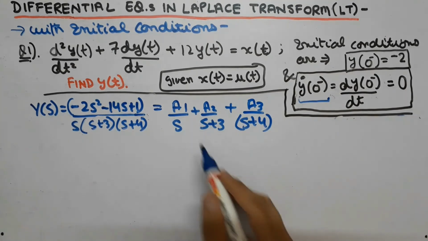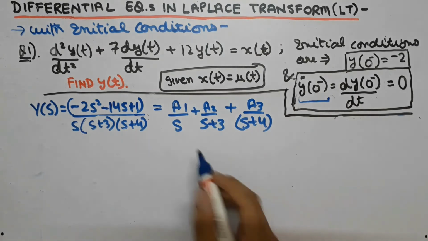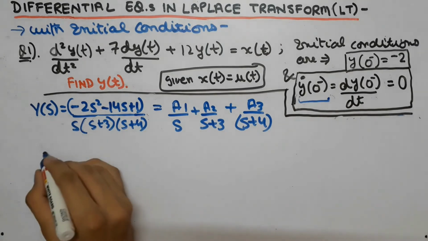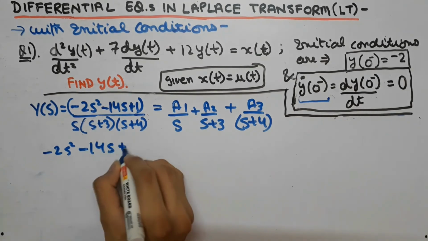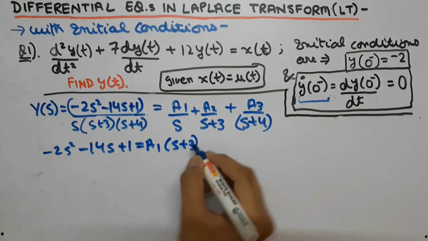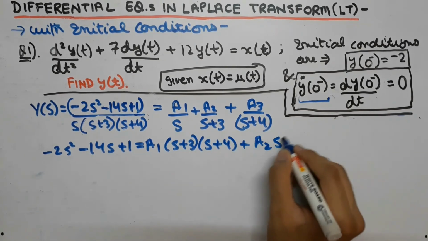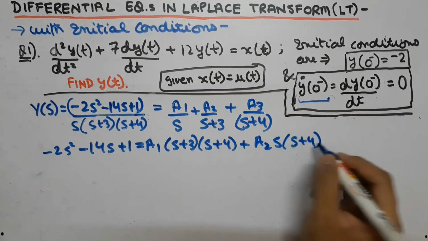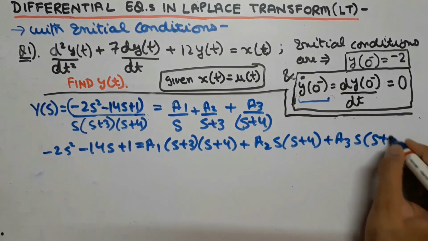Now we will cut the denominators from the LHS and the RHS. On doing that, you will get the equation as minus 2s square minus 14s plus 1 is equal to a1 into s plus 3 into s plus 4 plus a2 into s plus 4 plus a3 into s plus 3.